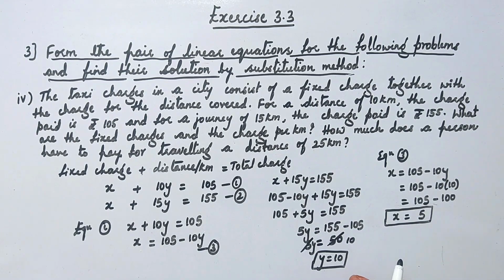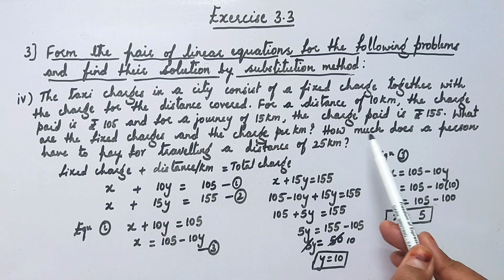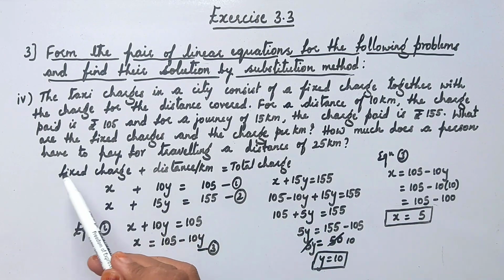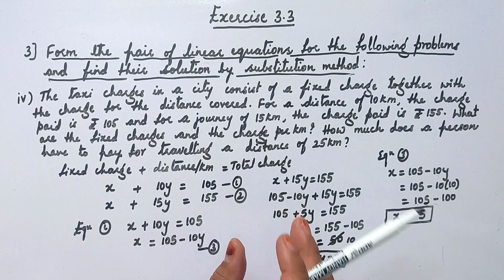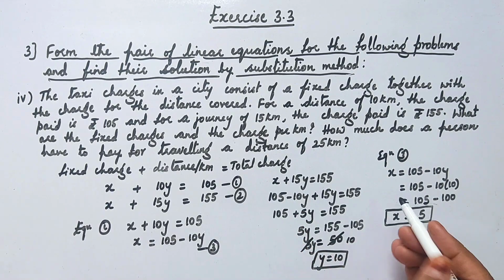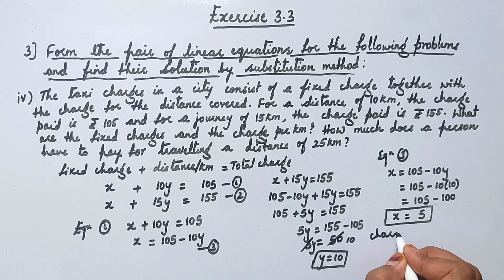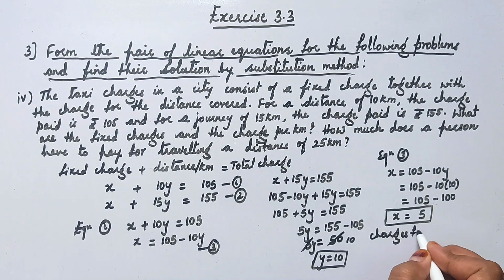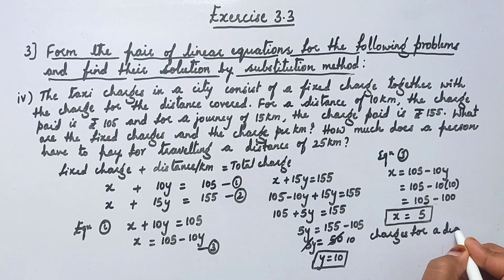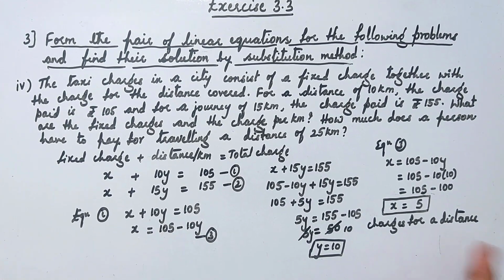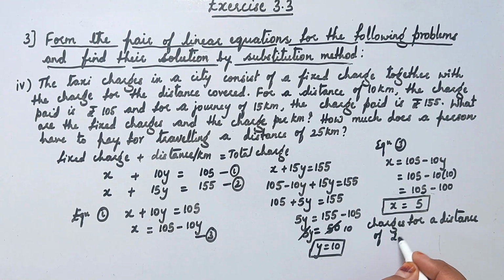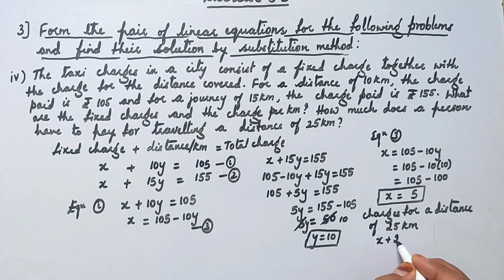I got this. Now, how much does a person have to pay for traveling a distance of 25 kilometers? Okay, now I'm going to write here, charges for a distance of 25 kilometers, that is x plus 25y equal to.